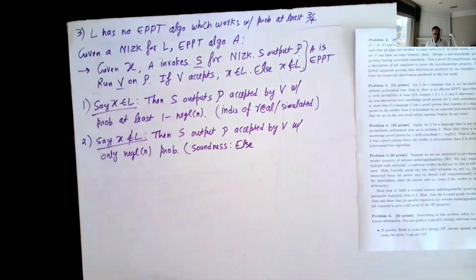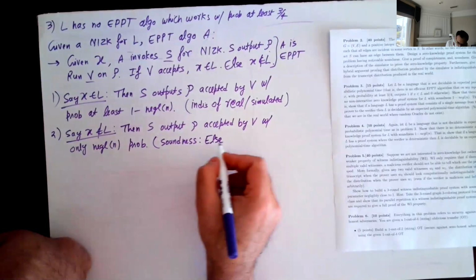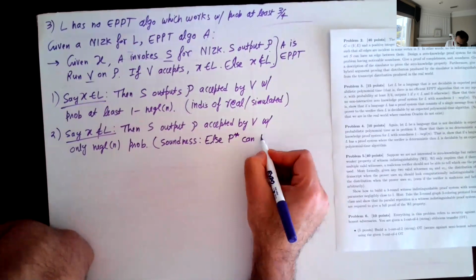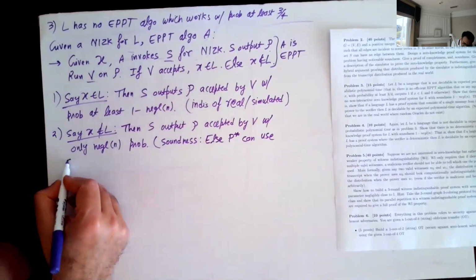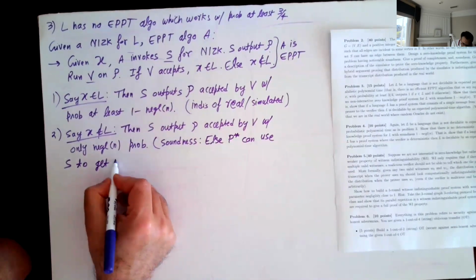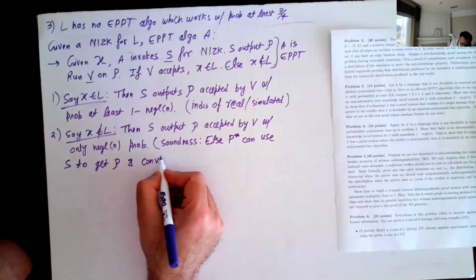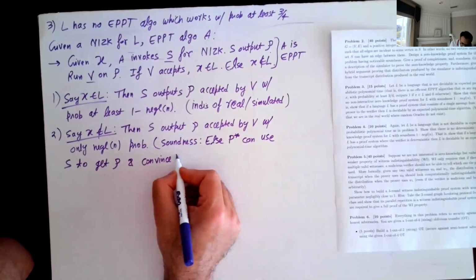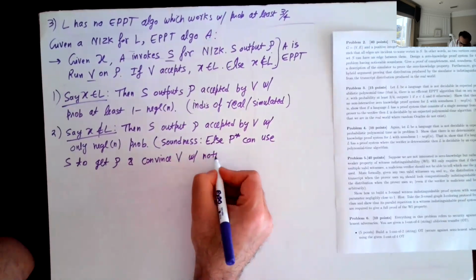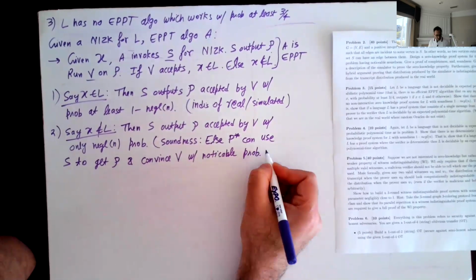And this is where we are using the fact that the proof system is one round. So soundness, else a cheating prover P star can use S to get rho and convince the verifier V with noticeable probability.